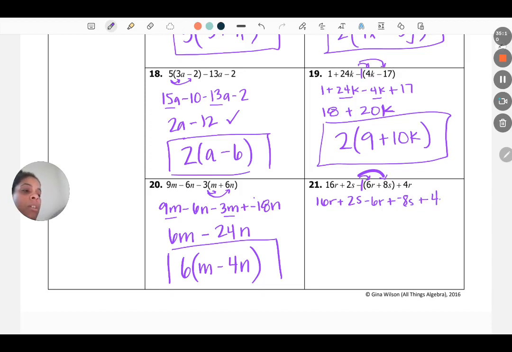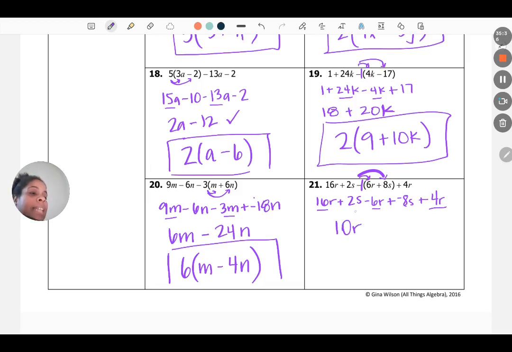Good. All right. We're going to combine like terms. I see a lot of r's. So we have a positive 16r minus 6r will be 10r, and we keep the positive sign because 16 is bigger than 6. So positive 10r plus 4r is 14r.